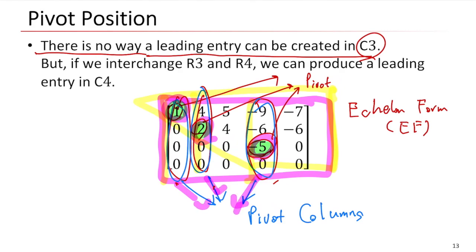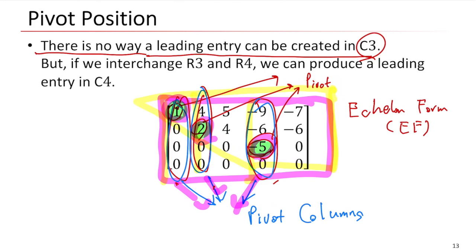Why is that important? First of all, pivot position can be determined on the fixed position of each matrix. So it means that it contains some information of the matrix, and so pivot position tells us whether the solution exists or not.